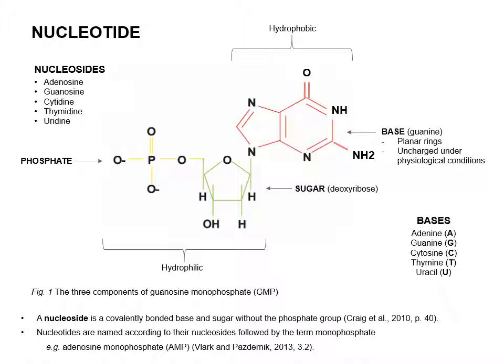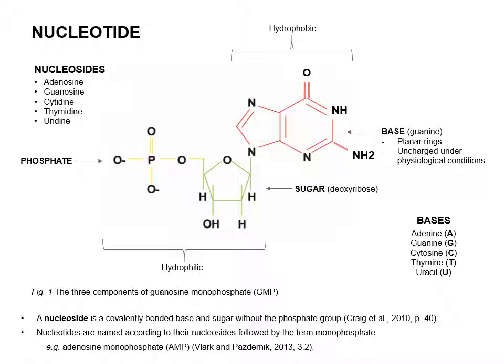DNA is a long chain assembled from 4 nucleotides called adenosine monophosphate, guanosine monophosphate, cytidine monophosphate, and thymidine monophosphate. In RNA, thymidine monophosphate is substituted for by uridine monophosphate. The 3 main components of a nucleotide are a nitrogen-containing base, an oxidized pentose sugar, and a phosphate group.